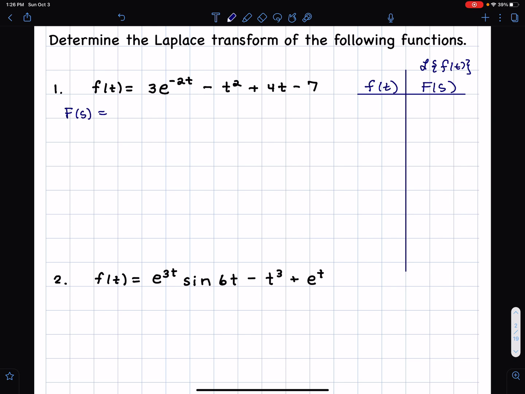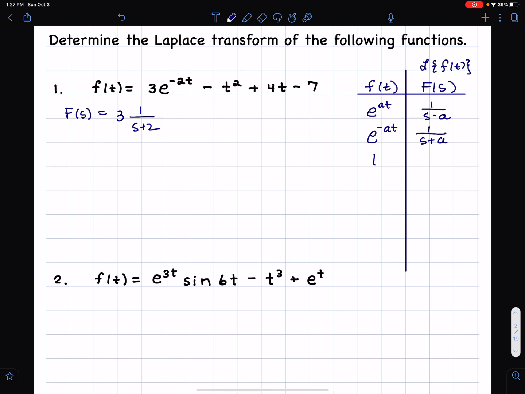What we can look at here is that if you have e to the at, then the Laplace transform is 1 over s minus a. That's equivalent to the Laplace transform of e to the negative at being 1 over s plus a. So the first one here we have e to the 3t. The Laplace transform of e to the negative 2t is 1 over s plus 2.